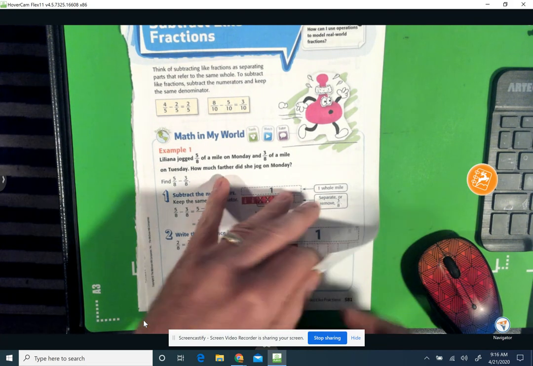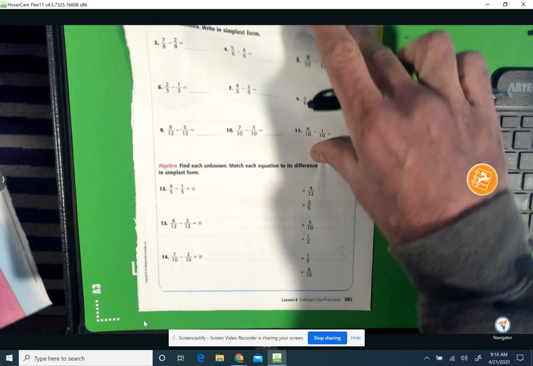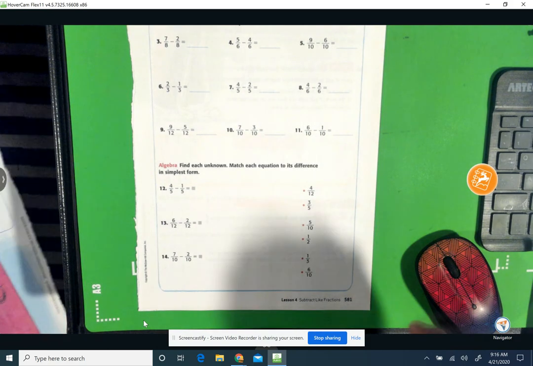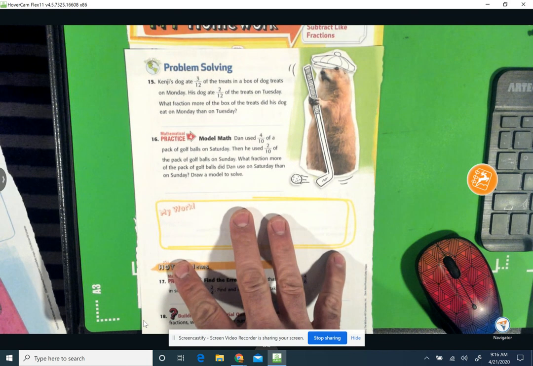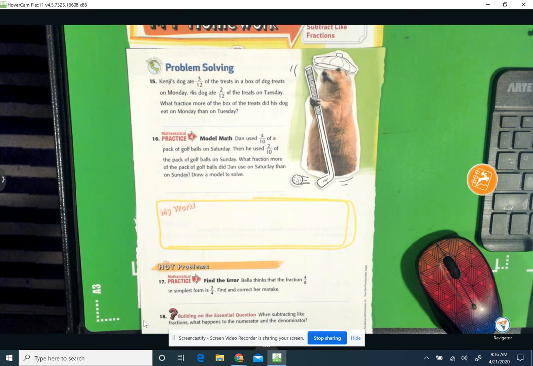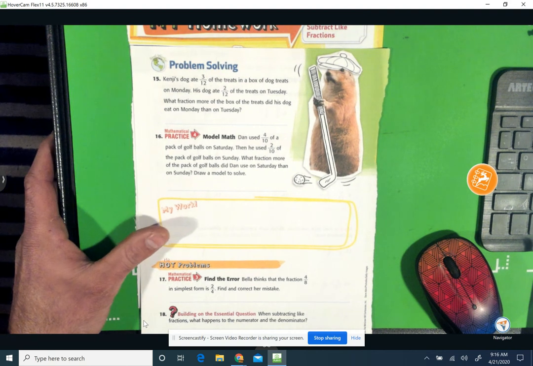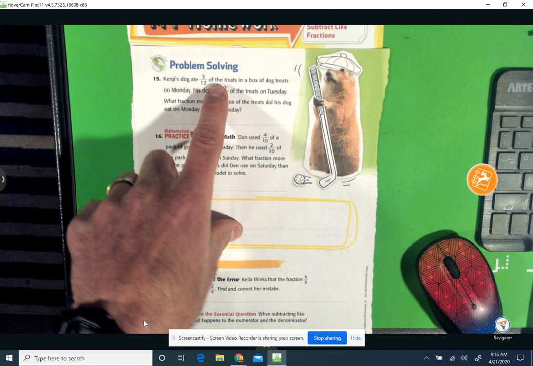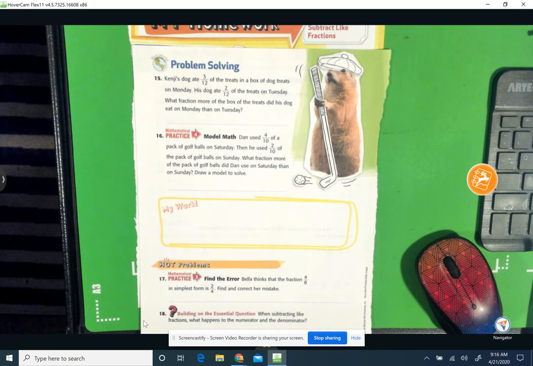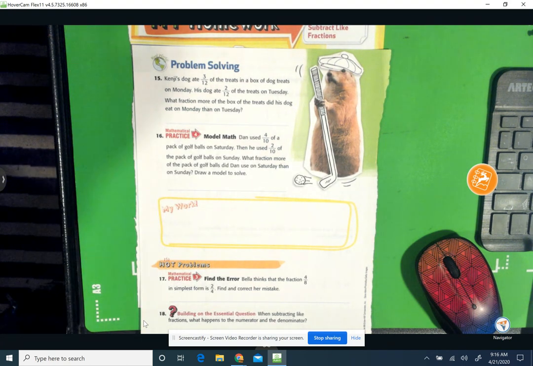Let's take a look at our independent practice page 581. And we will start on the back here. We'll start with our word problem number 15. We are taking a look at Kenji, and Kenji's dog ate 3/12 of the treats in a box of dog treats on Monday.